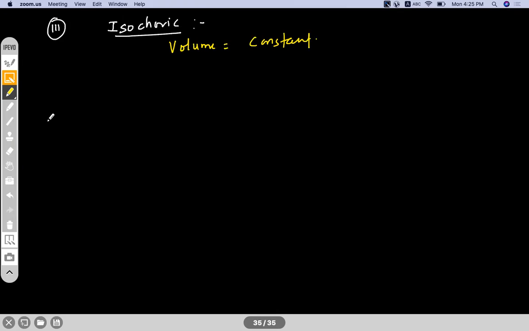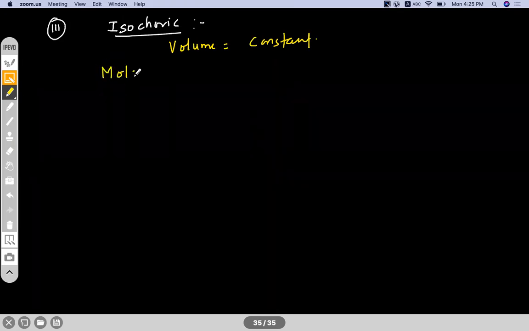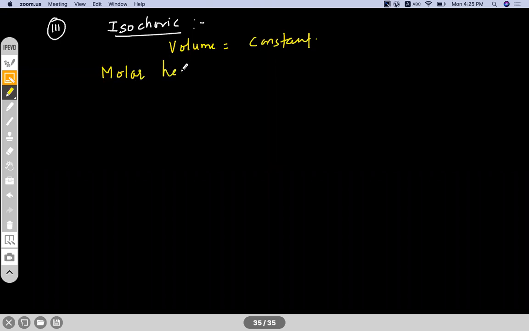So molar heat capacity at constant volume is represented as CV.